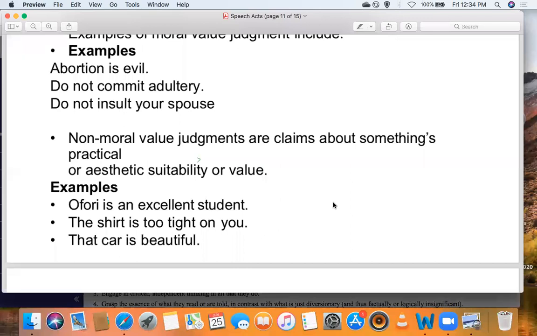You are indirectly saying that your clothing is better off fitting you than not fitting you. That's a sort of value. Or when you say that car is beautiful, in that case, you are talking about an aesthetic value. So basically, in the realm of non-moral values, you have utility values, and then you have aesthetic values.